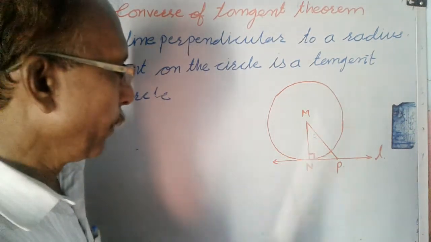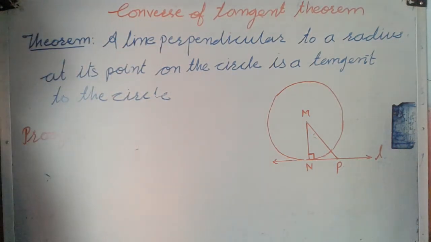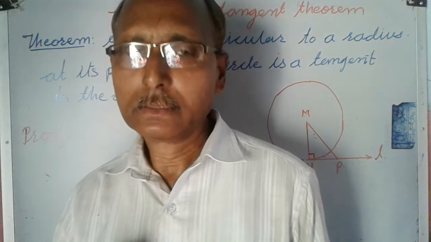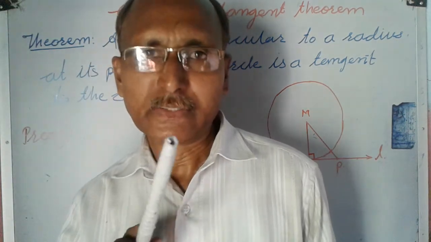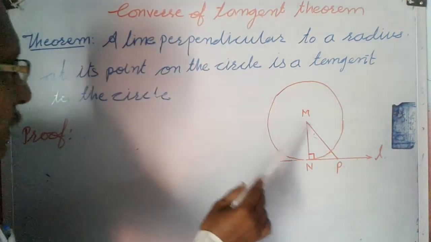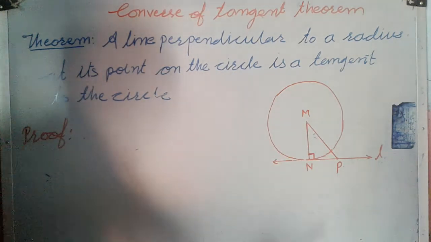In this right angle triangle, PM is the hypotenuse, and you know the property of a right angle triangle that the hypotenuse is the greatest side of a triangle. That means the length of this hypotenuse MP is greater than the length of MN.